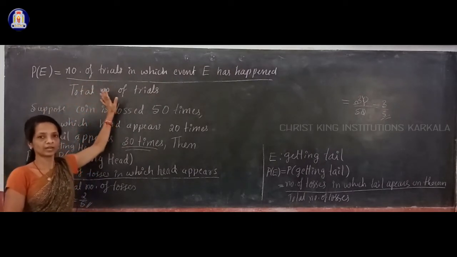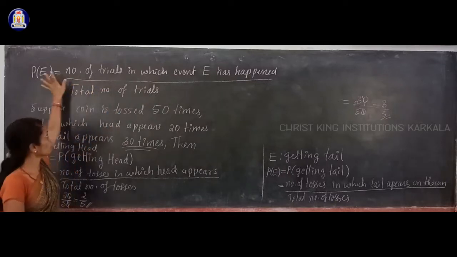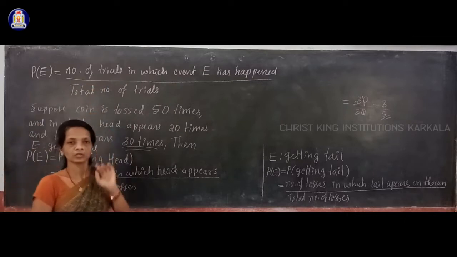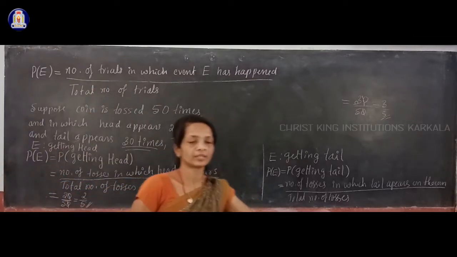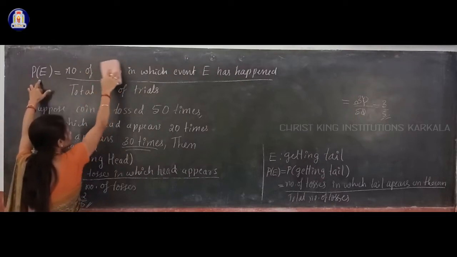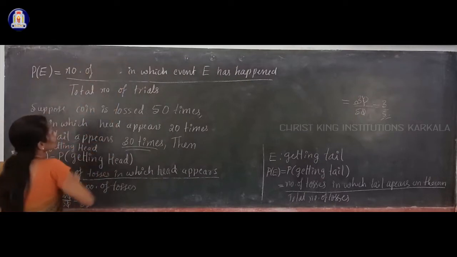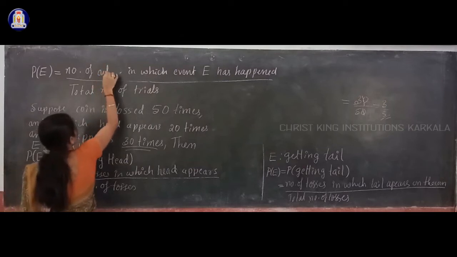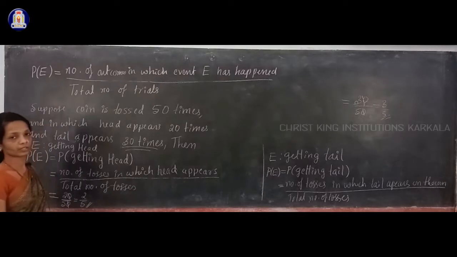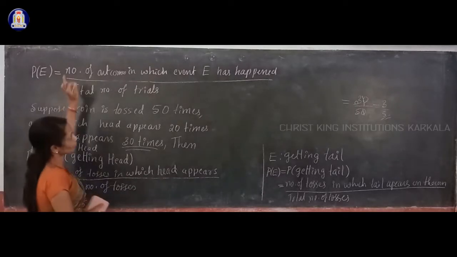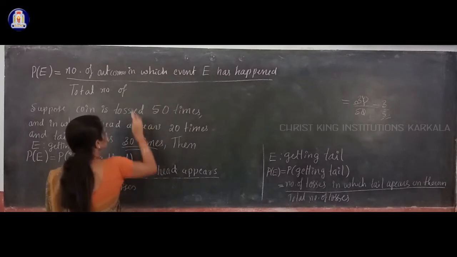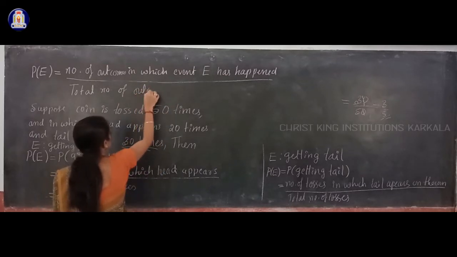Suppose you do only one trial, then this formula changes like this: probability of an event is equal to number of outcomes in which event E has happened, divided by total number of outcomes, or total possible outcomes. The trials are replaced by outcomes.